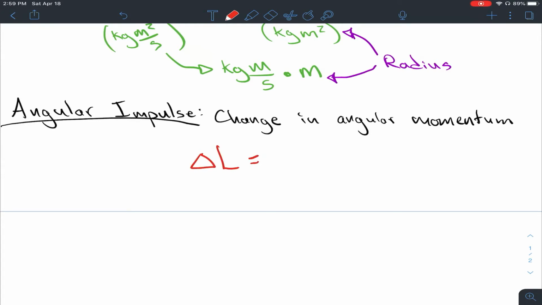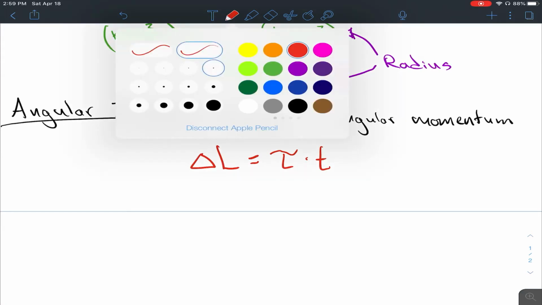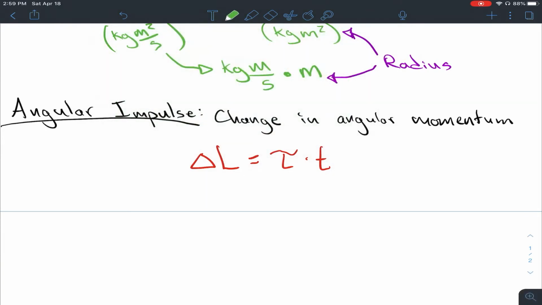and that is equal to tau times time. So tau times t, a little bit weird because we're using Greek letter t's and non-Greek letter t's. Let's break these down into what each one is.